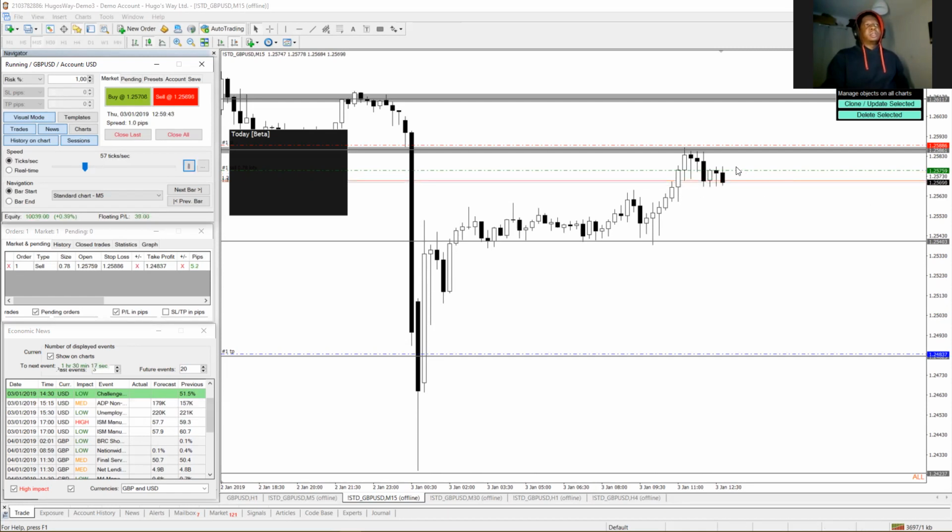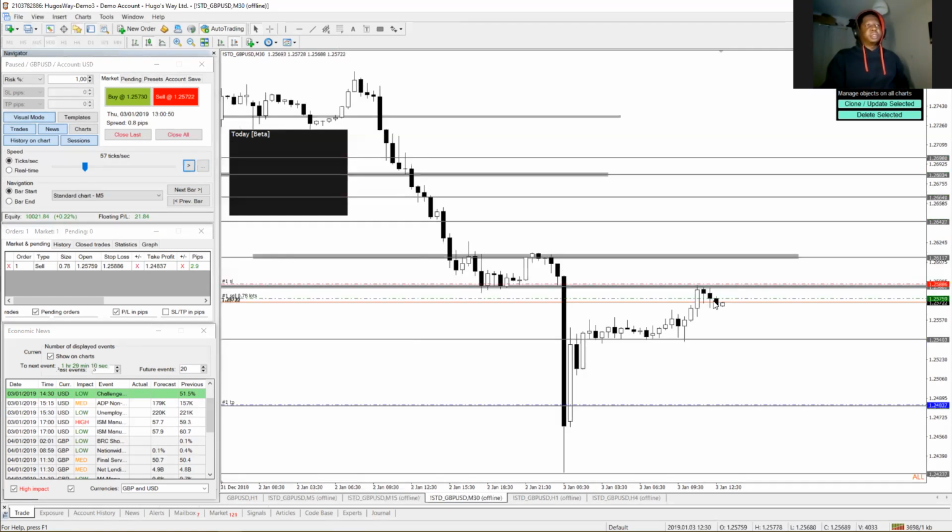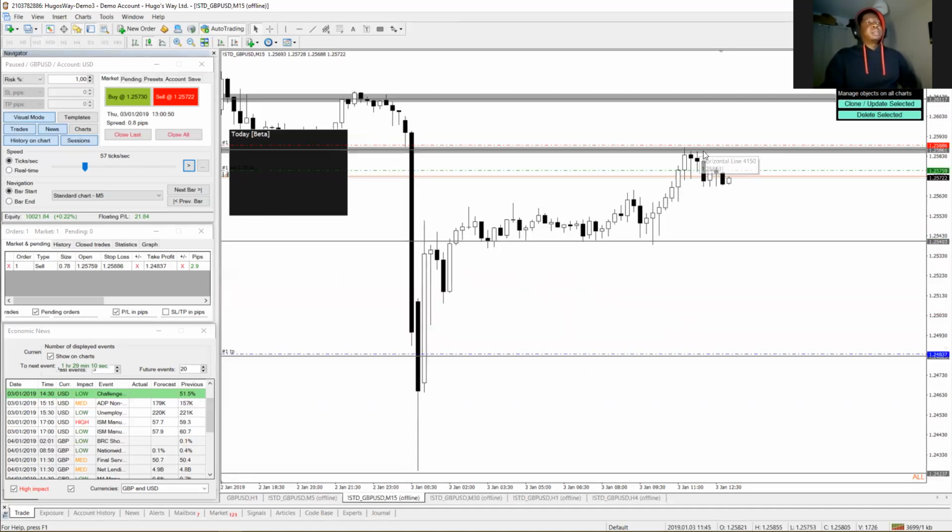So now this is the second half of the 30 minutes candle. Now the 30 minutes candle has closed bearish. So we really want this high to be respected. If this high gets broken, then I'll be closing the whole trade at that point because it doesn't make sense to break this high and still be in the trade.